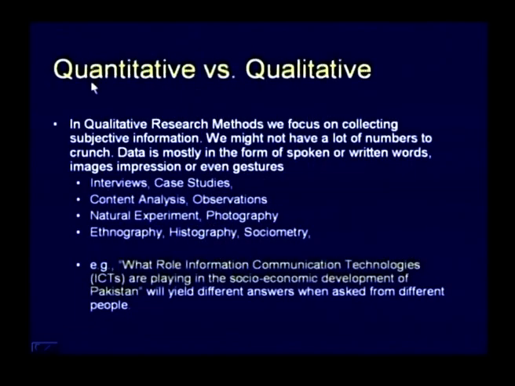Similarly, in qualitative research methods, we focus on collecting subjective information. We might not have a lot of numbers to crunch in this type of research method. And data is mostly in the form of spoken or written words, images, impressions, or even gestures.